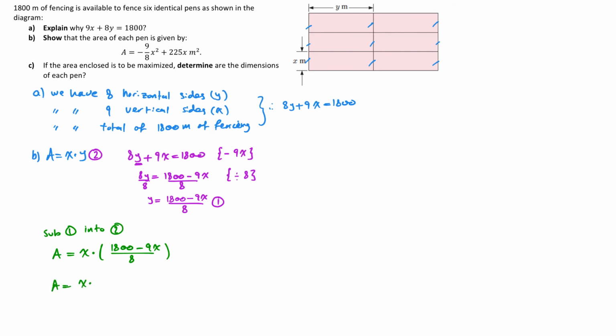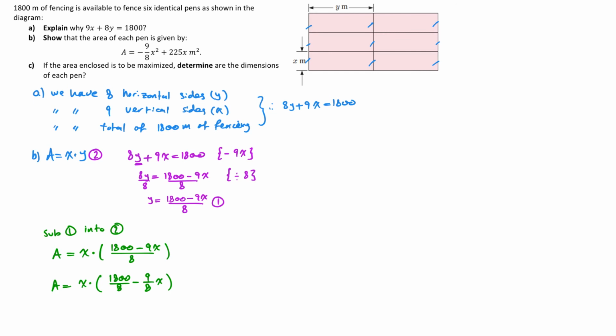So x times 1800 divided by 8 minus 9 over 8x. All I've done is separate this fraction into its two parts: 1800 divided by 8 minus 9 over 8x.